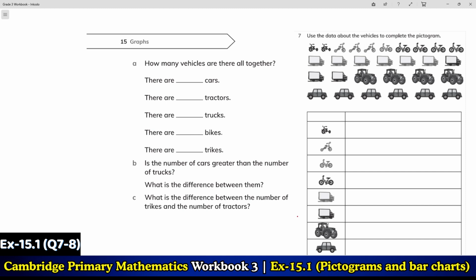First of all, the first question is actually not a question, it's a theme: how many vehicles are there all together? Before we find out this icon, we have to fill this one.